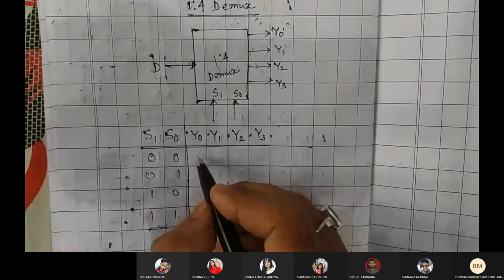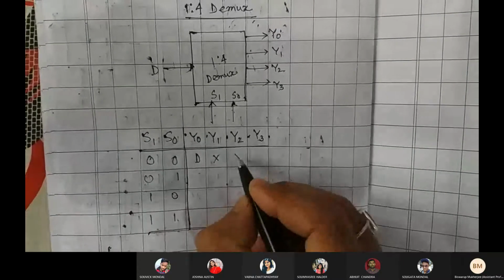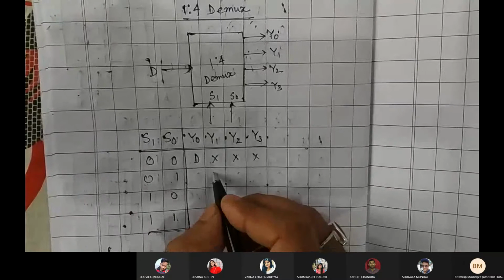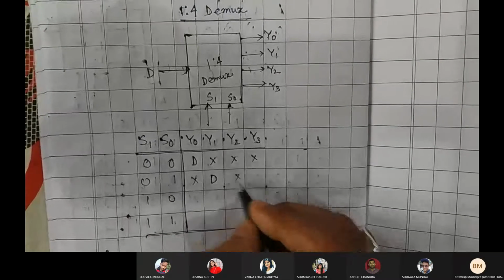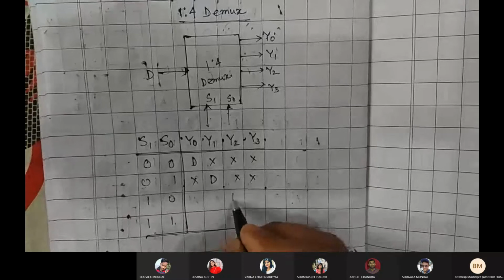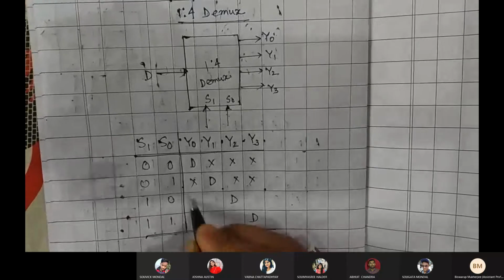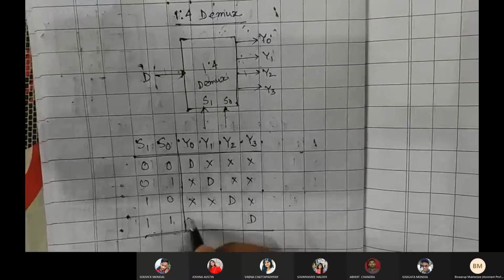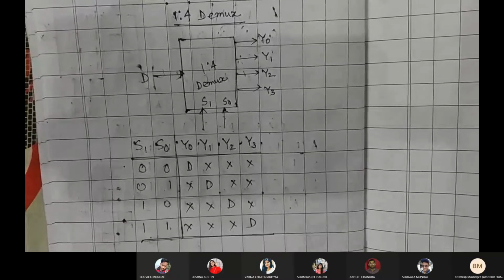So for 0, 0, Y0 is supposed to get D, rest don't care. Then for 0, 1, Y1 is supposed to get the D input, rest don't care. Similarly, this one should be D, this one should be D, rest will be don't cares.